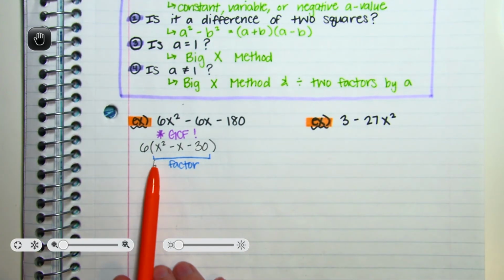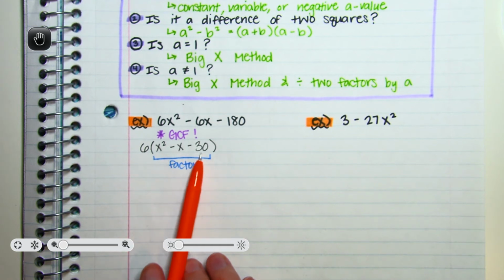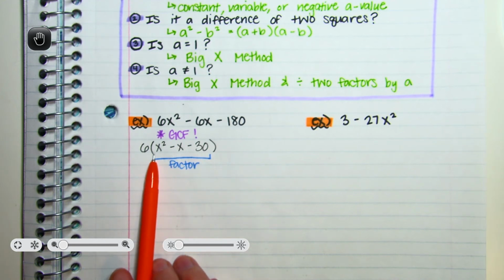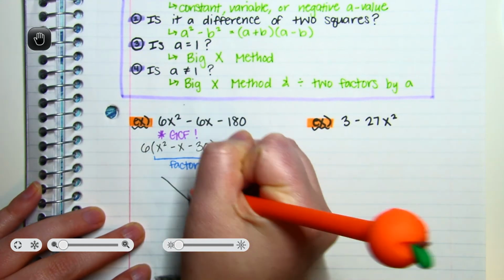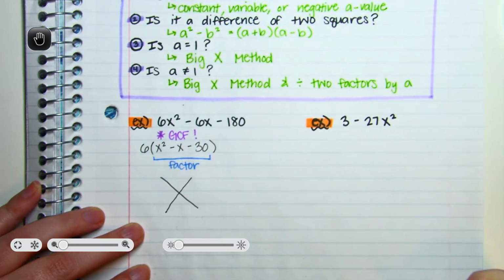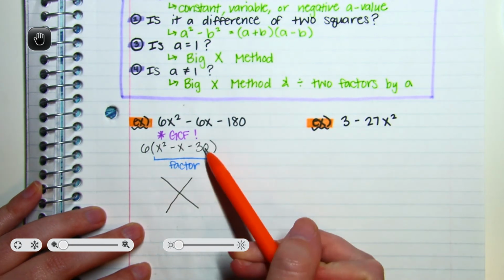So next thing I'm going to ask, is this a difference of two squares? Good, you should have said no. This has 3 terms, so it cannot be a difference of squares. So this is going to go down to steps 3 and 4. My A value is equal to 1, which means I'm just going to do my big X. The top is my A times C, which is 1 times negative 30.